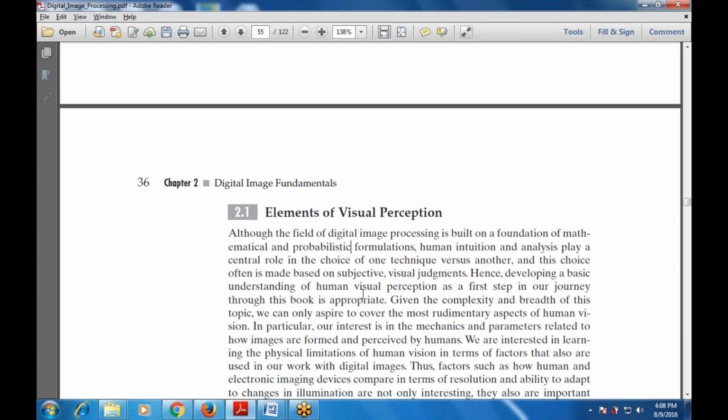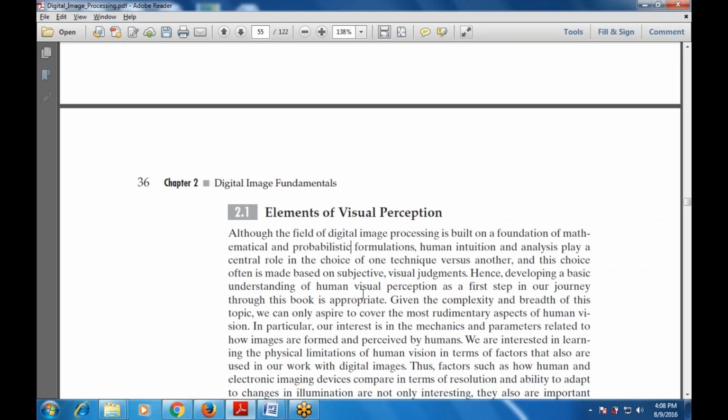Hence developing a basic understanding of human visual perception is the first step in our journey. Given the complexity and breadth of this topic, we can only aspire to cover the most rudimentary aspects of human vision.